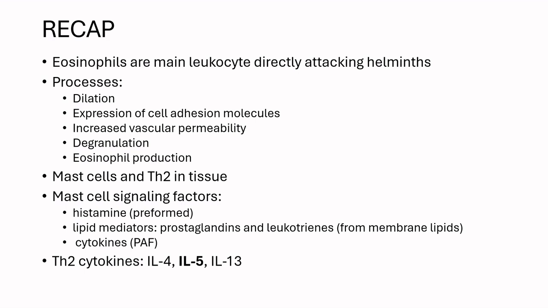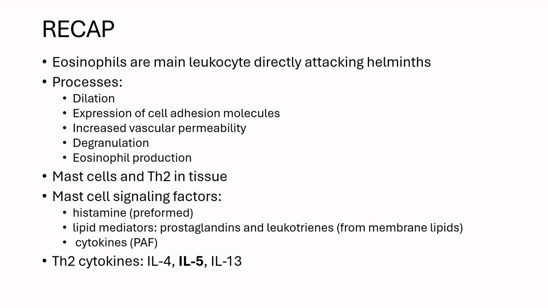We said the major cells that trigger these mechanisms are, on the one hand side, the mast cells, and on the other hand side, those Th2 cells that we can find in tissue. For mast cells, we said they mainly mediate these mechanisms through histamine, which is already preformed in their granules, and through lipid mediators, especially here the prostaglandins and the leukotrienes.